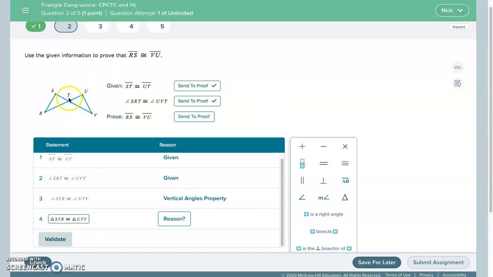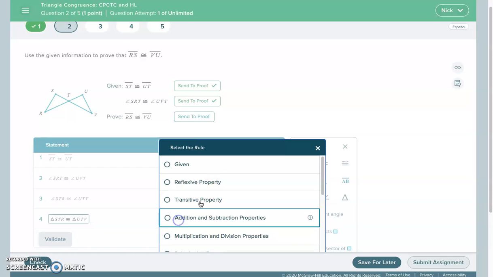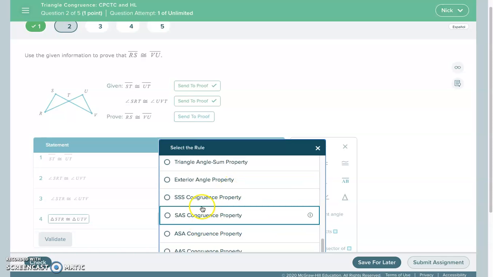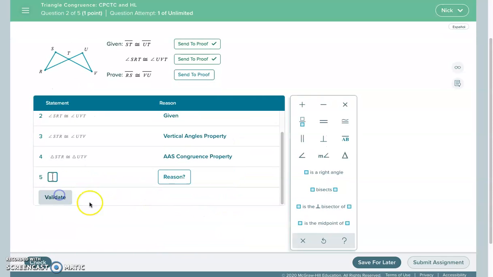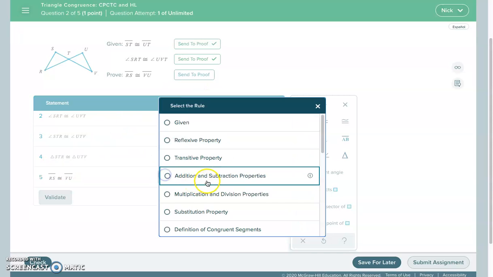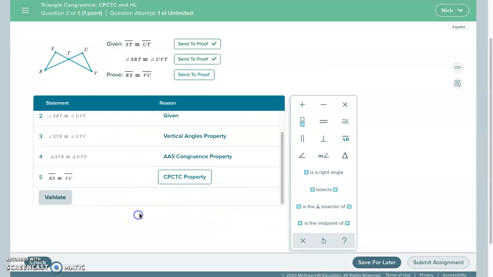We have a side, an angle, and an angle. The side's not between them, so that would be AAS. But it does take a little bit of practice to be confident knowing which one's which between those two, because they're very similar. All right, so now I should have enough, and then it's going to be through CPCTC.